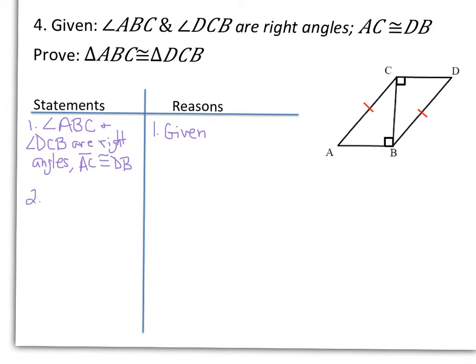Okay, similar to our last triangle proofs, we see that side CB is shared by both triangles. So I can say that side CB is congruent to side CB by the reflexive property of congruence.